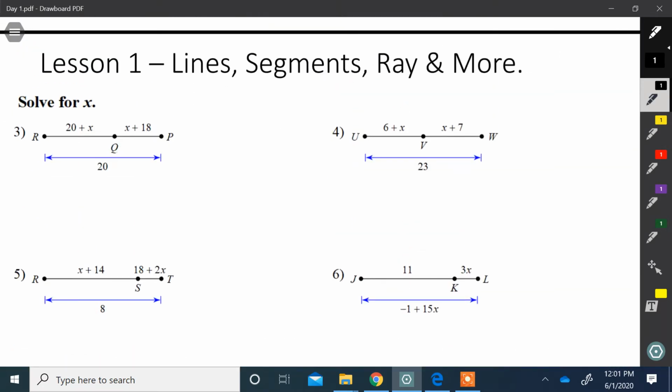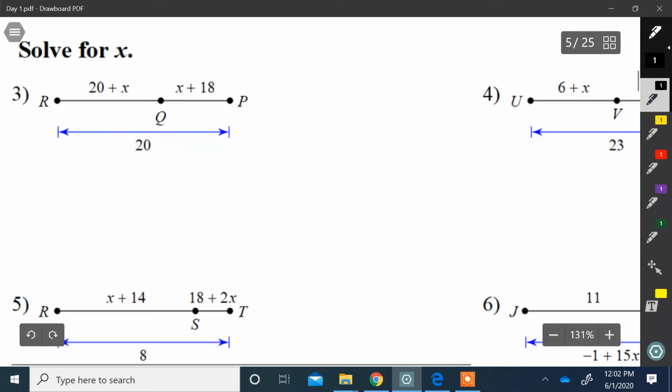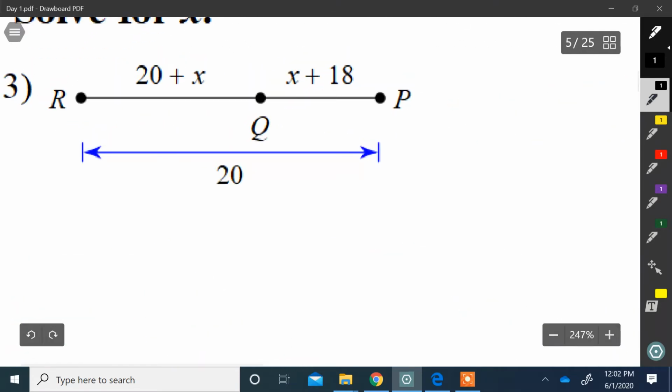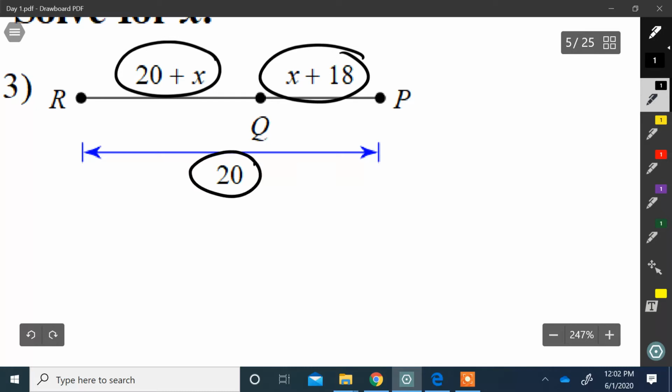I have a couple more here, but I'm not going to go over those as much because that's just going to take too long, and it's very simple to set them up. All you have to do is this plus this is equal to that. So 20 plus x plus 18 is equal to 20.